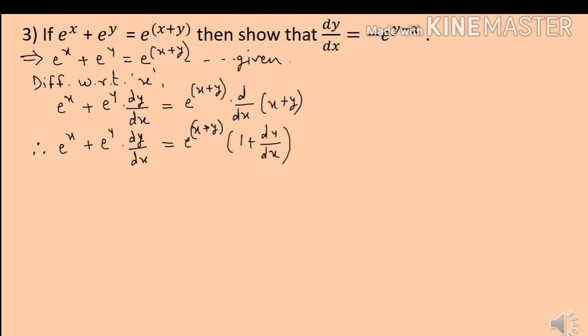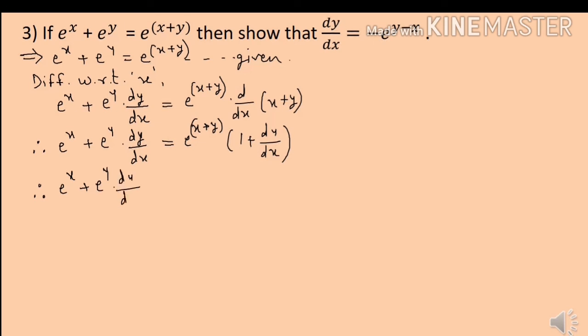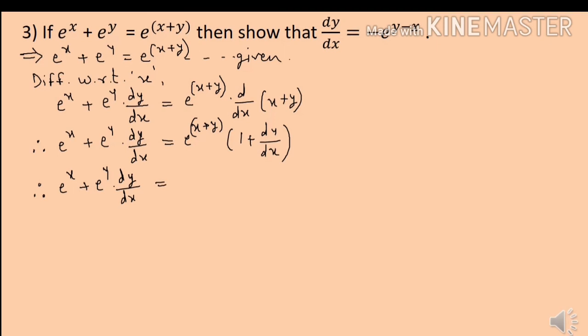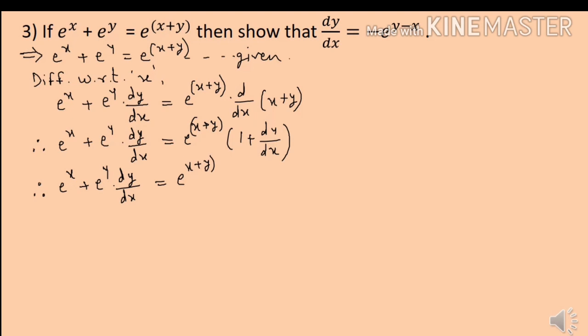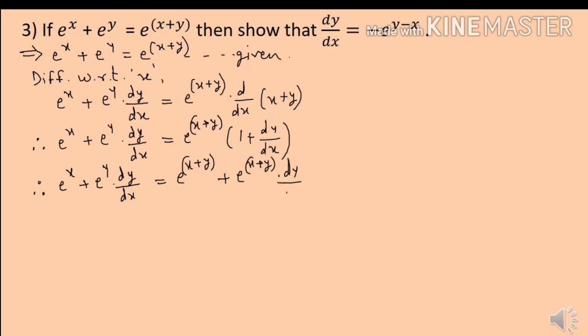So you get e raised to x plus e raised to y into dy by dx is equal to, now solve this bracket, e raised to x plus y into 1 and e raised to x plus y into dy by dx. Correct?